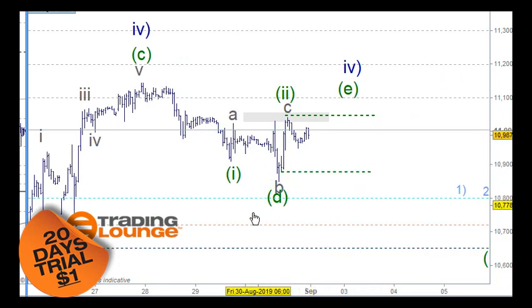Technically, the way that this is structured at the moment, we should just come straight down from this point here. But what does concern me a little bit is this move up through here is an impulse wave. So we just need to be mindful of that. So we could just take this here.